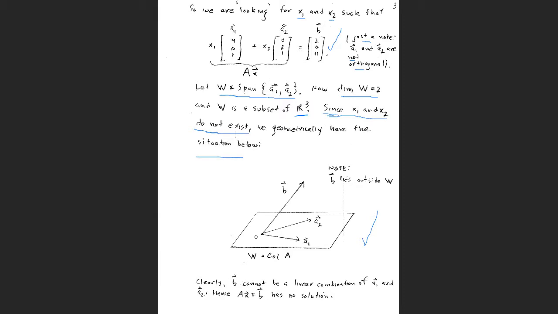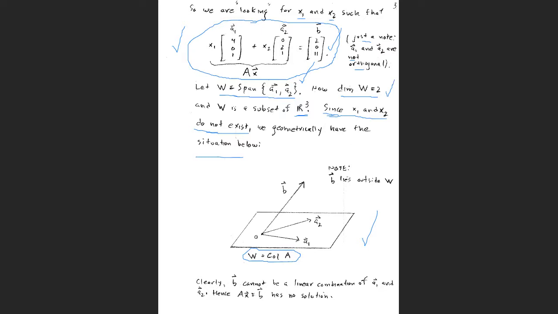To understand geometrically what it means not to have a solution to a system of equations, I've rewritten the system of equations as this vector equation here. W is the span of the column vectors A1 and A2 of the matrix A. So W, in the picture below, is the column space of A. Since W is the span of two vectors, the dimension of W is equal to 2.